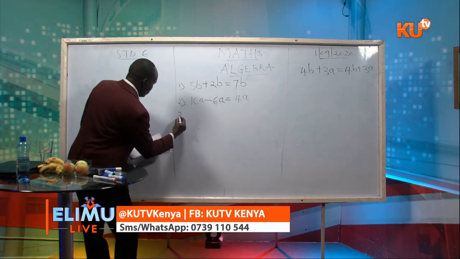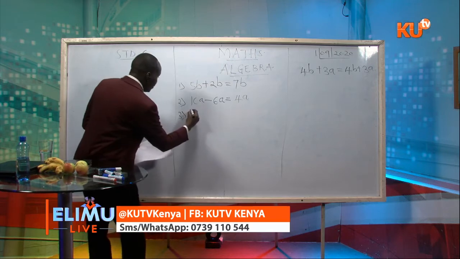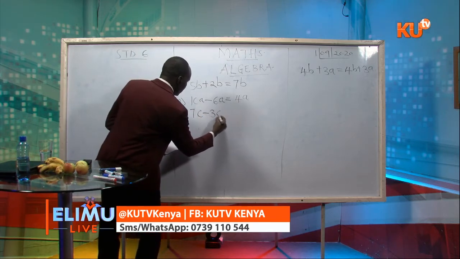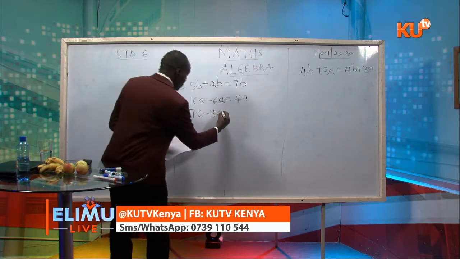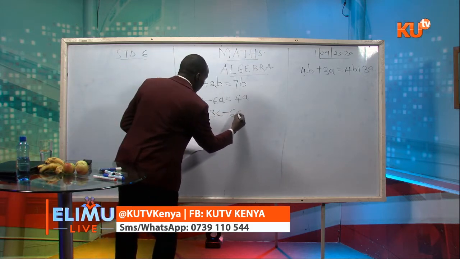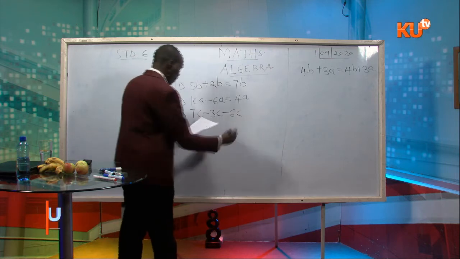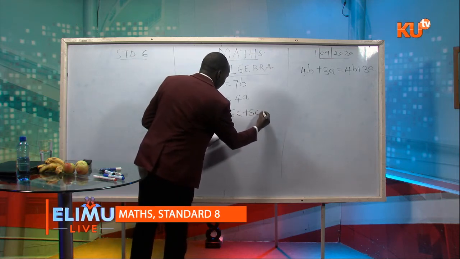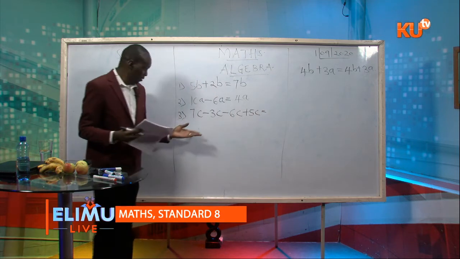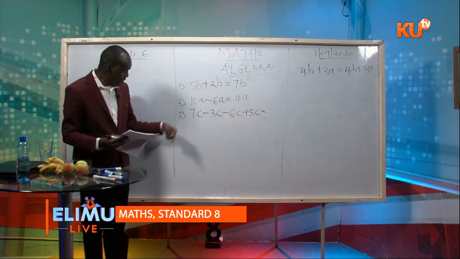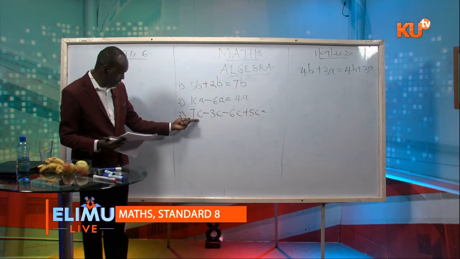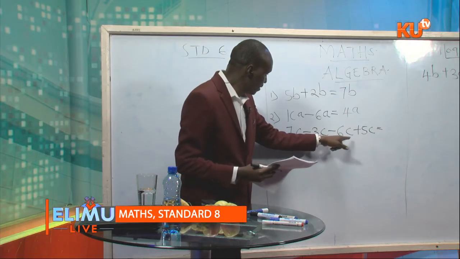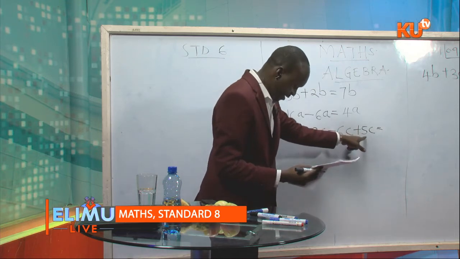Another example, 7c take away 3c take away 6c plus 5c. Here, the terms are also the same. This is 7c, take away 3c, take away 6c, plus 5c.